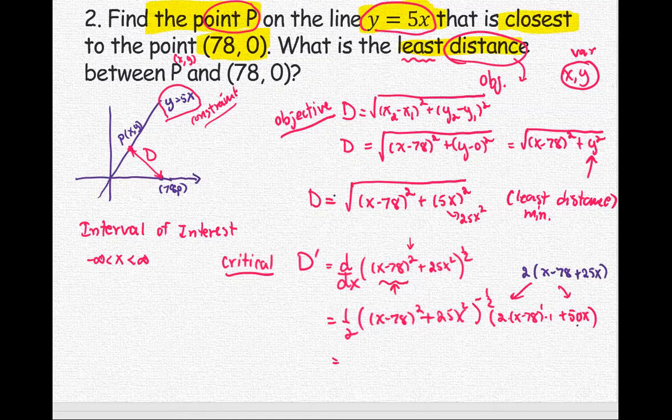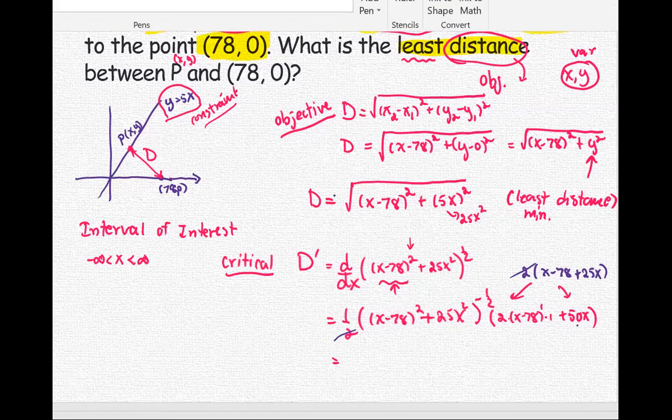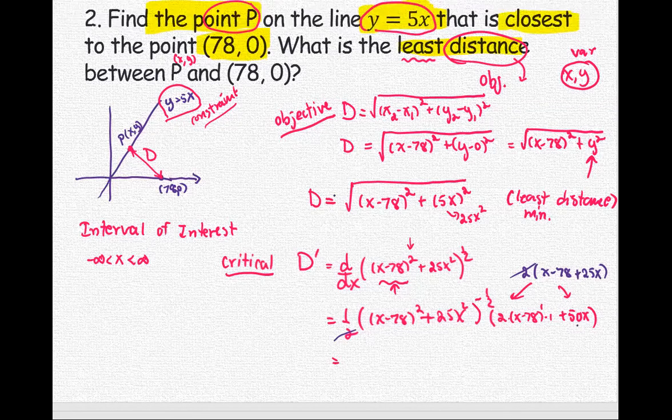Okay. As I factor 2 out, I can reduce 2 and 2, the top and the bottom. Now my numerator becomes x plus 25x, which is 26x minus 78, divided by the square root, since the power negative 1/2 will be the denominator with the square root, of x minus 78 to the power 2 plus 25x squared.